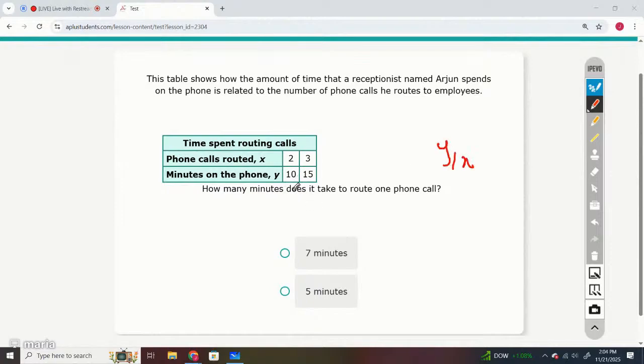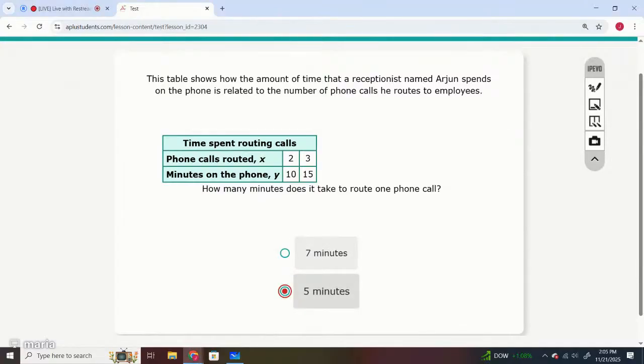Look at the first column. You need to do y by x, that is 10 divided by 2, and then 15 divided by 3. 2 times 5 is 10, 3 times 5 is 15. So 5 is the minutes it takes to route one phone call. The correct option is 5 minutes.